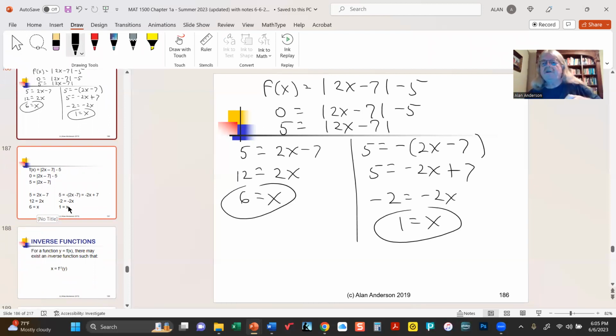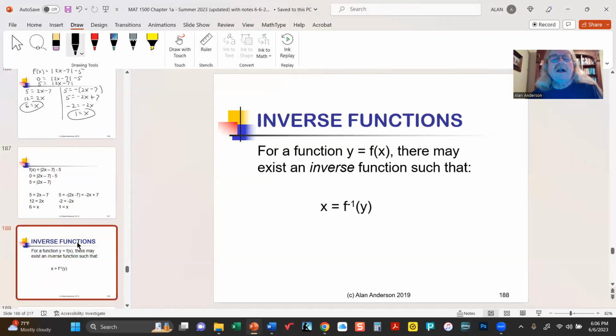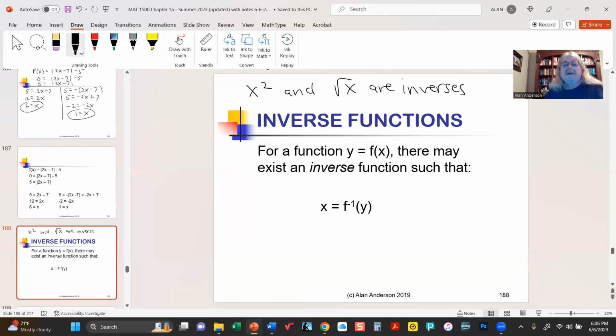Now we're going to come up to a fairly challenging topic, the notion of an inverse. Now, two inverse functions essentially are functions that do the opposite. Like, just intuitively, x squared and the square root of x are inverses, because whatever the one is doing, you're basically offsetting it with the second function.